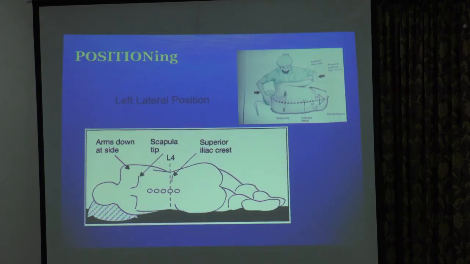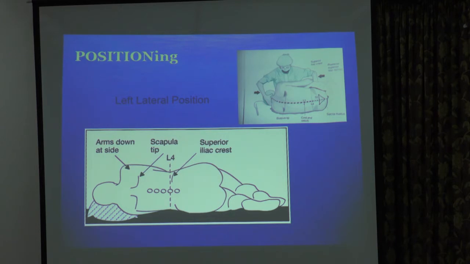You can also do your spinal on the side, but when you are going to do your spinal on the side, you must consider where the surgery is going to be done. Because remember, your drug is what? Heavy. So it will settle with what? Gravity. So if you're going to amputate somebody's left leg, for instance, the argument is, there's no need blocking both legs.